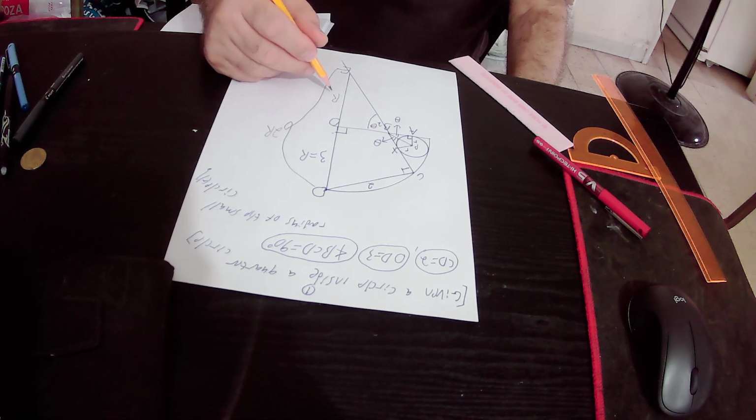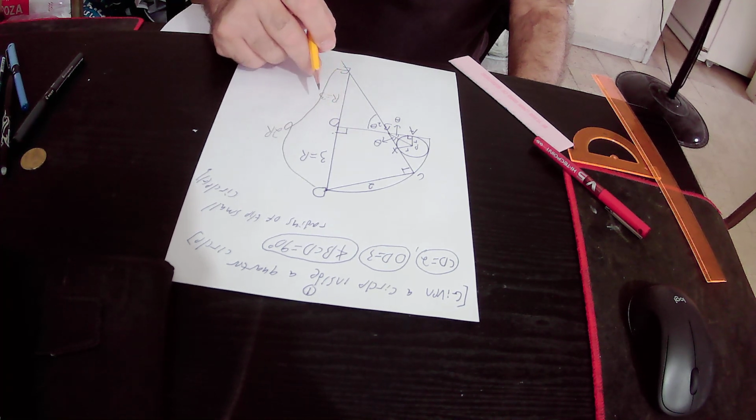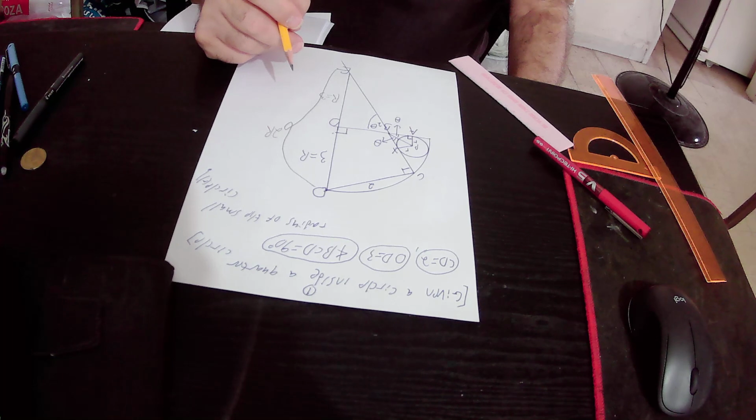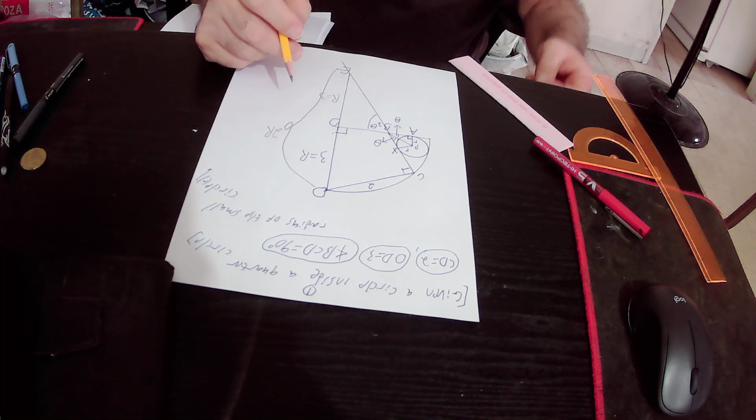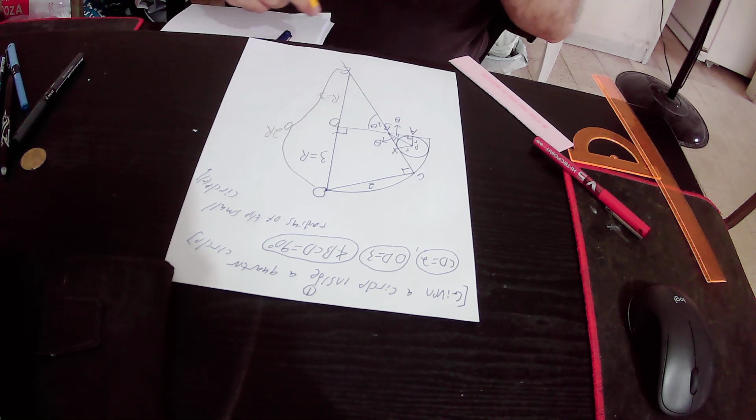So R equals 3 units, so OE also equals the radius of the quarter circle. So here we will complete the quarter circle to a semicircle.